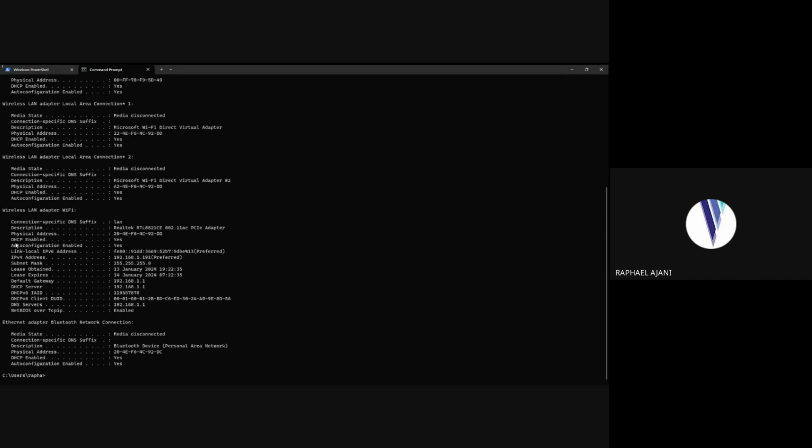So if you look at here, it says DHCP is enabled. DHCP is a protocol for dynamic host configuration, if I still remember what DHCP means. What that indicates is that there is a DHCP server, and the DHCP server is the one that allocates IP addresses within a network.